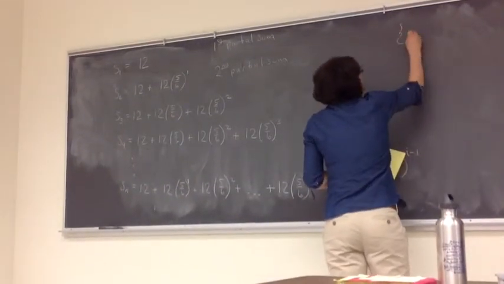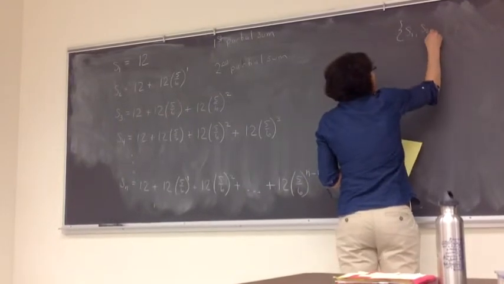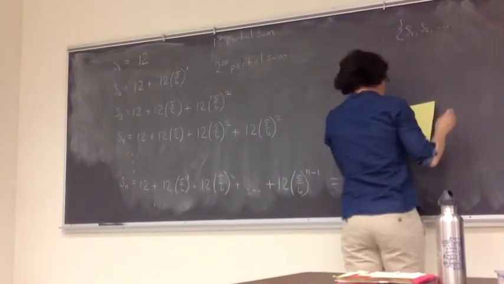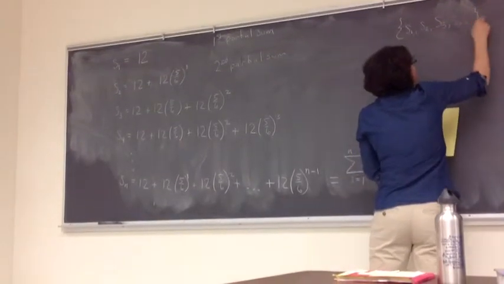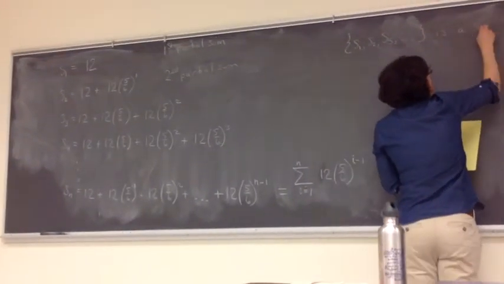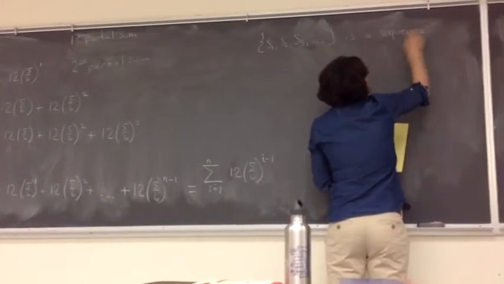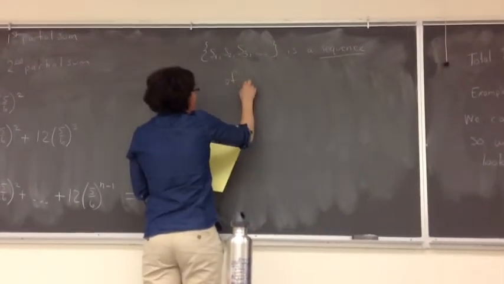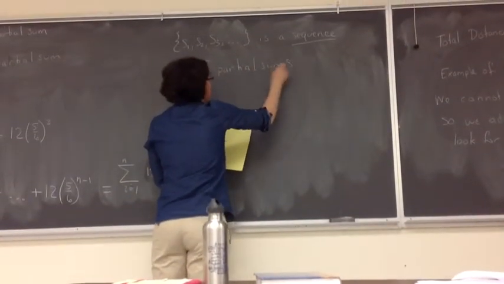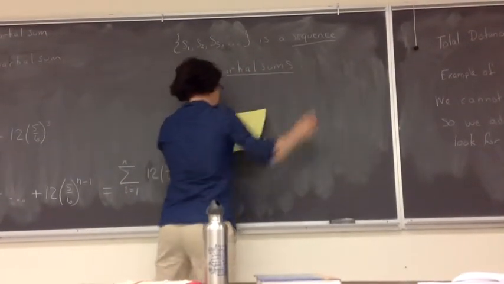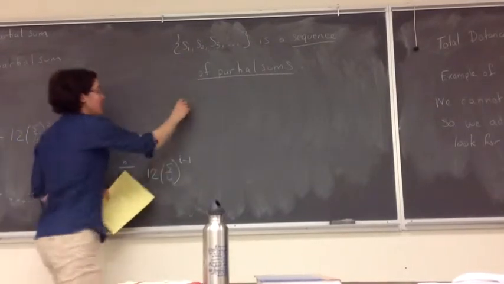So the list S1, S2, S3, dot, dot, dot, is a sequence of partial sums. All right, so I've got a definition for you.